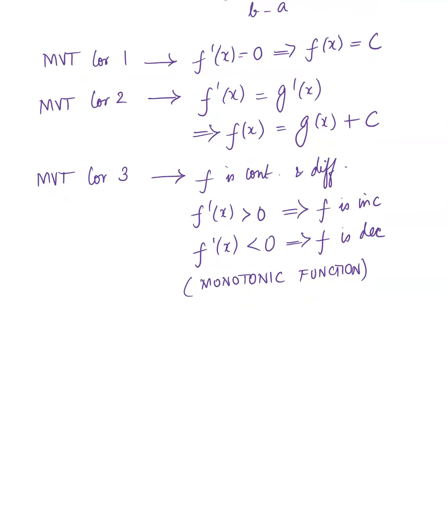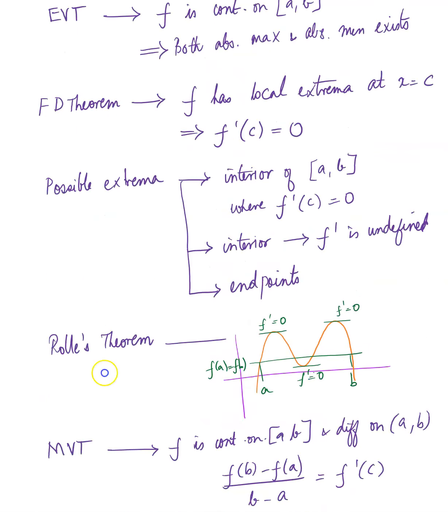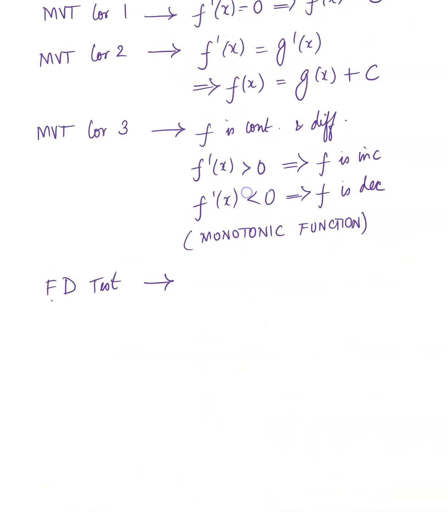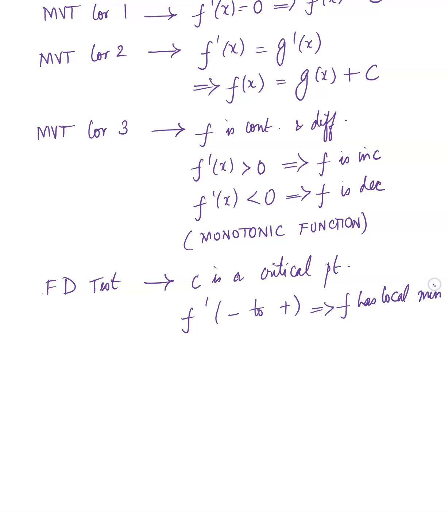Then we had the first derivative test. Remember, the first one was a theorem. So I will take you back here quickly. This is the first derivative theorem up here. Down here is the first derivative test. c is a critical point. If c is a critical point, and if your first derivative changes sign from negative to positive, it means f has a local min.